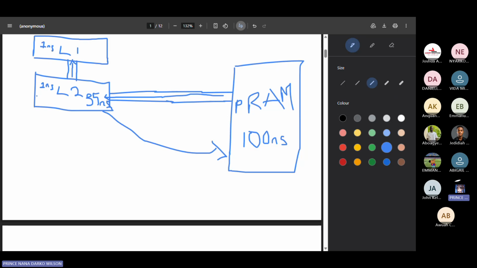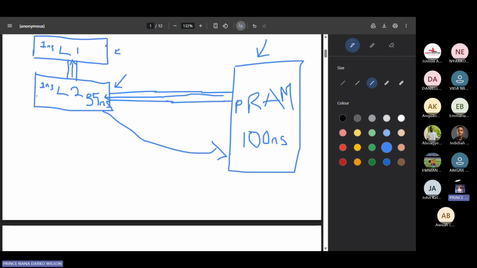But at the end of processing, it gives you a different value. That is because it has to account for how much time level 1 takes, how much time level 2 takes, and how much time RAM will take if each of them is visited. So in order to calculate the average memory access time, I have to take into account the access time for level 1.